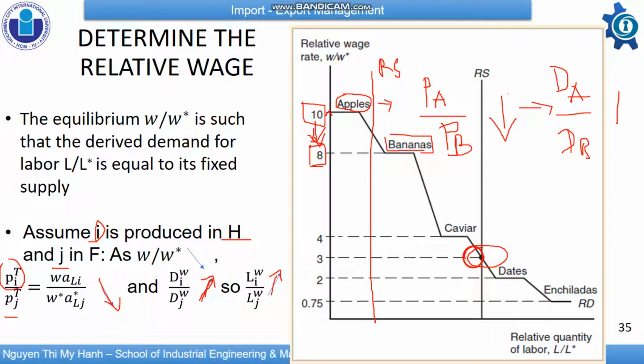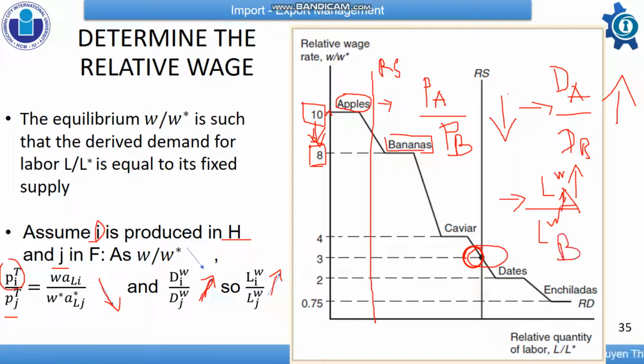So when the relative demand for apple increases, the relative labor for producing apple will increase. Okay, apple compared to banana.